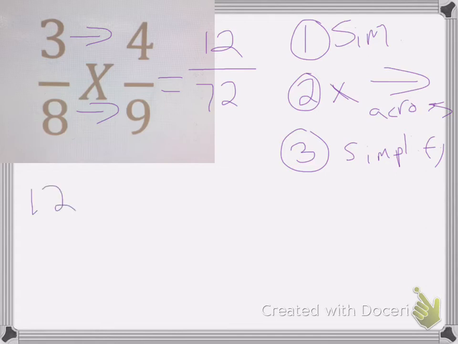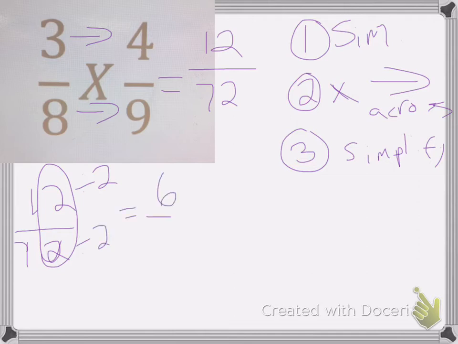Well, 12 over 72 can be simplified. The easiest one that you should just know is they both end in 2, so we know we can at least do it by 2. That gives us 6/36. Now we can also simplify the top and the bottom again.